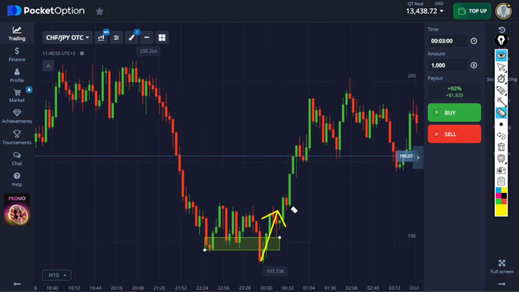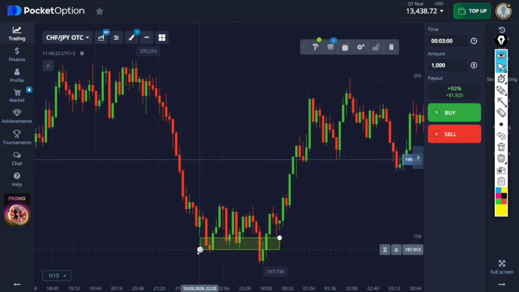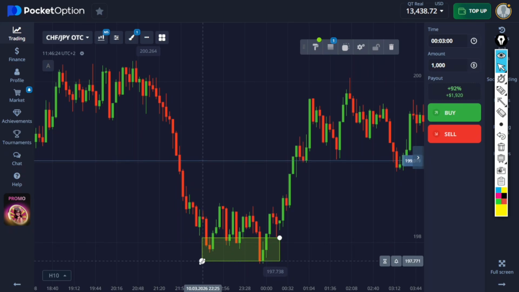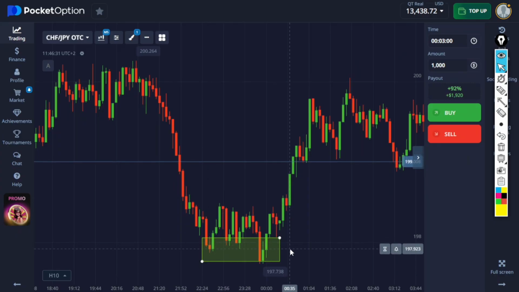Okay, the only time that this becomes a valid support break is if we get a strong drop to the downside with multiple red consecutive candles and that continuation of bearish market structure. So in this situation, all we have to do is make a small adjustment to accommodate the new bounce, now covering the main area where price has previously reacted from. And this stuff becomes easier with experience.